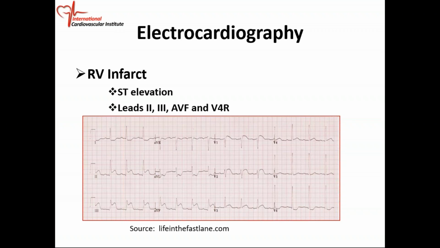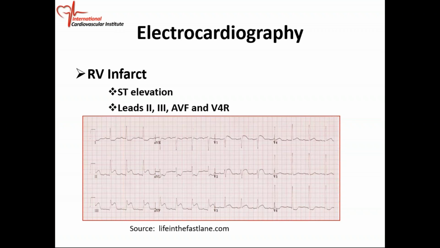With someone with an RV infarct, you're not going to do those things. So that's why you need to know if the patient has an RV infarct. So if they present with an inferior wall heart attack, you need to remember that 1/3 of these patients are going to have an RV heart attack, and you have to make the diagnosis. We can manipulate the ECG somewhat to make that diagnosis of RV infarct, because if you treat them incorrectly, you can kill the patient.